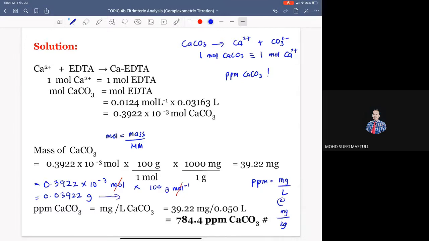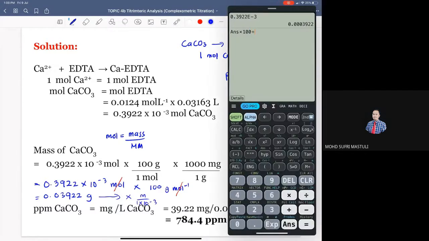This is why we divide the number you got just now by 10 to the power minus 3. So you can obtain 39.22 milligram.